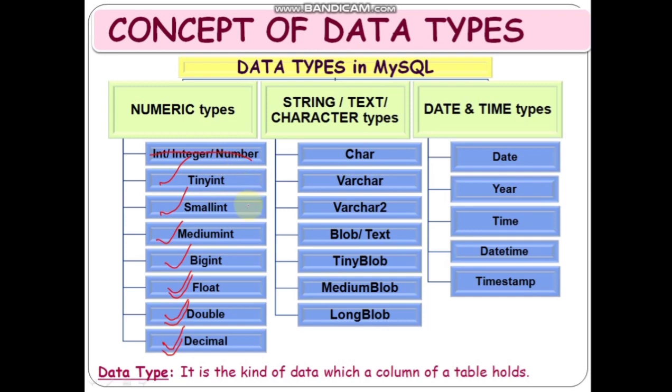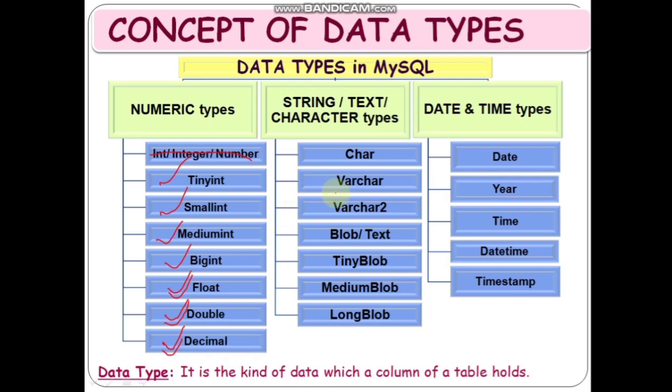But if we write 32.0 or maybe 32.5 or 32.9, then they will be considered under float, double or decimal. So you can define that particular field using any of this numeric type. Now in your syllabus you have int, integer, number, and you have float, double and decimal.